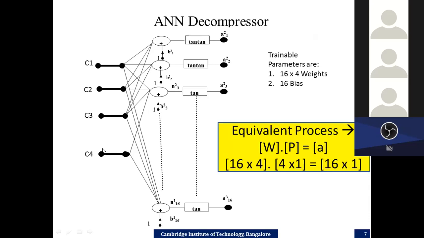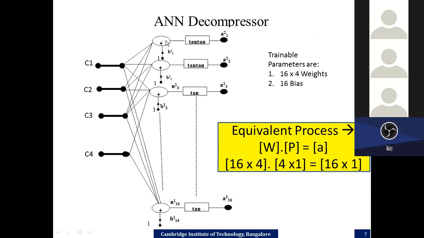For the decompressor, since there are 4 outputs available at the output of the compressor unit, those 4 outputs should be decompressed to 16 outputs. To decompress to 16 outputs, we have 16 neurons, and to each neuron you will have 4 inputs coming from C1, C2, C3, C4, the compressed inputs. It is equivalent to performing the mathematical operation WP equals A, where your weight matrix W is 16 cross 4.